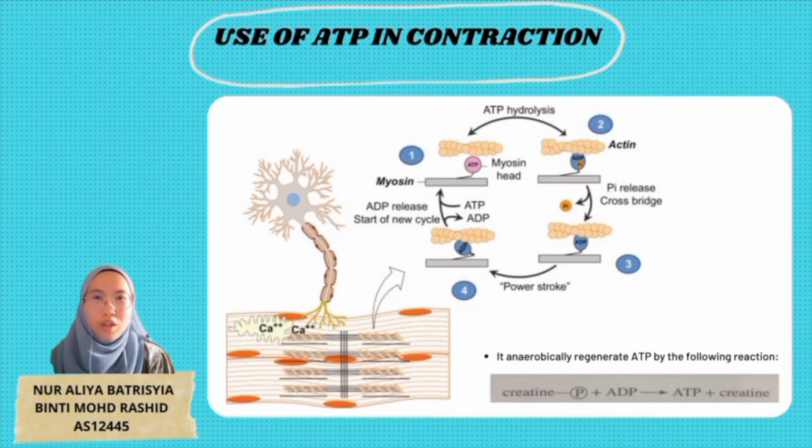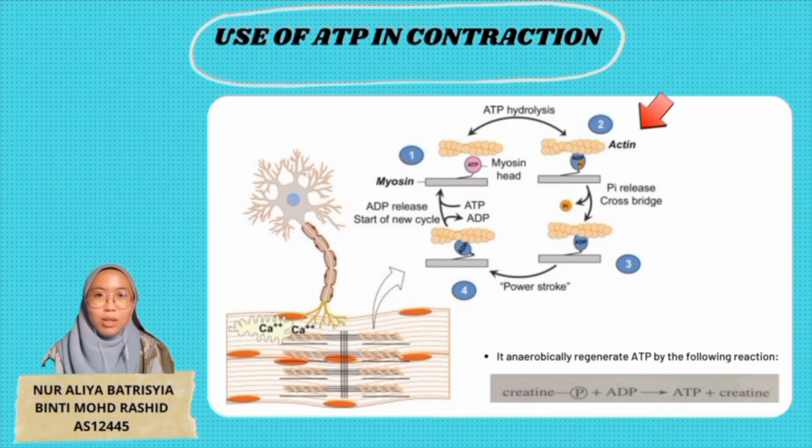Next, we are going to talk about the use of ATP in muscle contraction. There are four components of muscle contraction, which are actin filament, calcium ion, myosin filament, and ATP. First, I will state the function of each component. The first component, actin filaments, are used to slide past the myosin.